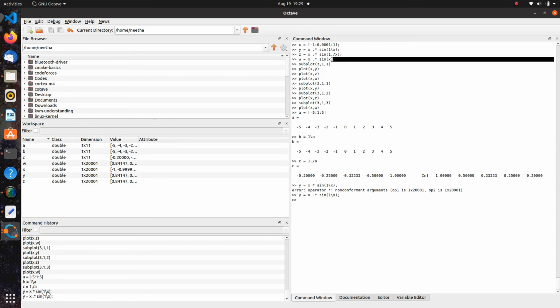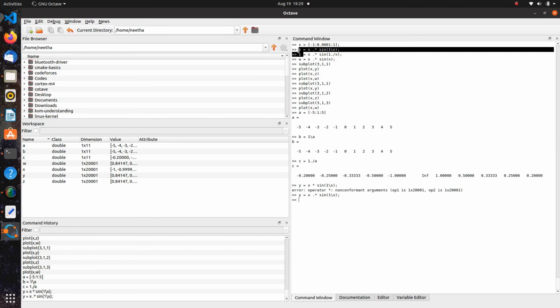So hopefully you have understood when to use a dot and when not to use a dot, and you can learn from this and try to make your code better and less error prone as you go on coding in MATLAB, and also use MATLAB or OCTAVE. Sorry, I've been using MATLAB for a long time, but OCTAVE is what I chose because it's free, open source, and you can just use it anytime.